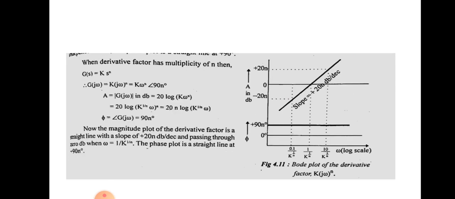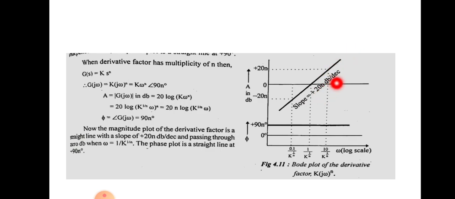Similarly, suppose powers of s come in the numerator side, that is, the derivative factor has a multiplicity of n. Then g of s will be k into s raised to n. In that case, we can write the magnitude as 20 log k omega raised to n, and here n can be taken outside, so it will become 20 n log k raised to 1 by n into omega. If you substitute different values of omega, you will get a graph like this, and its slope will be 20 into n.